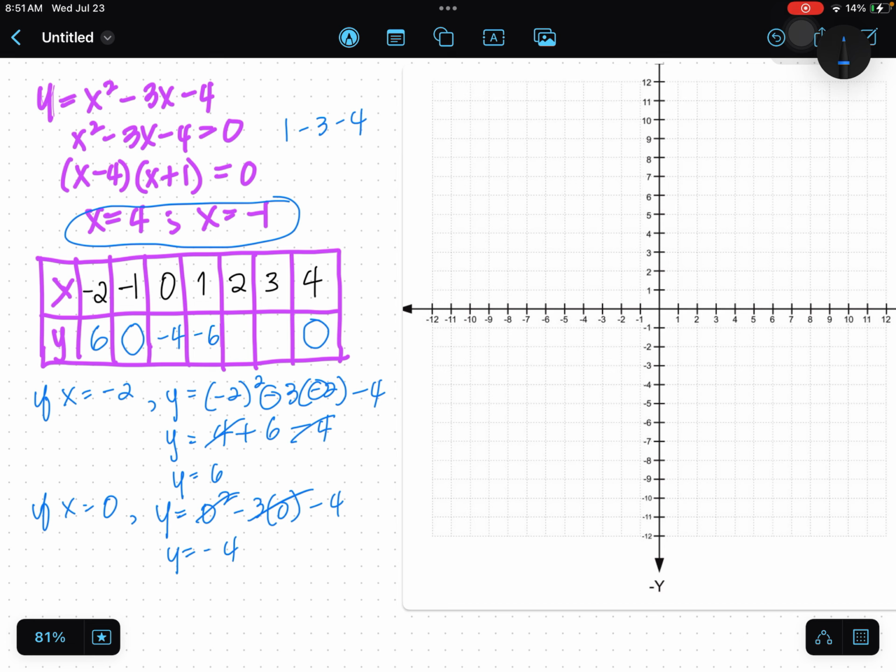Tapos, pag 2 naman, we have 2, 4 minus 6 minus 4, negative 6, and then 3, 9 minus 9 minus 4, negative 4.